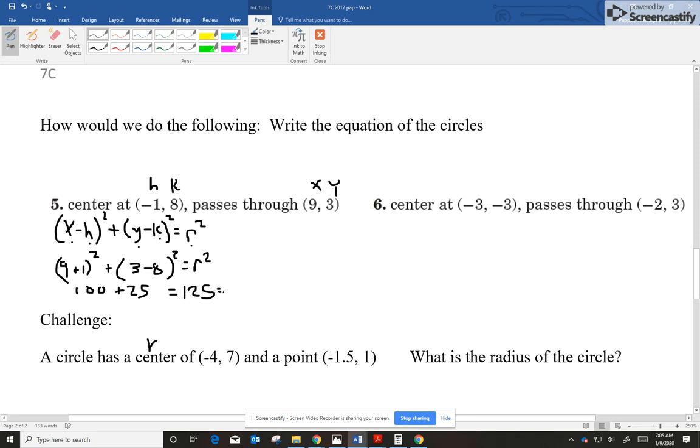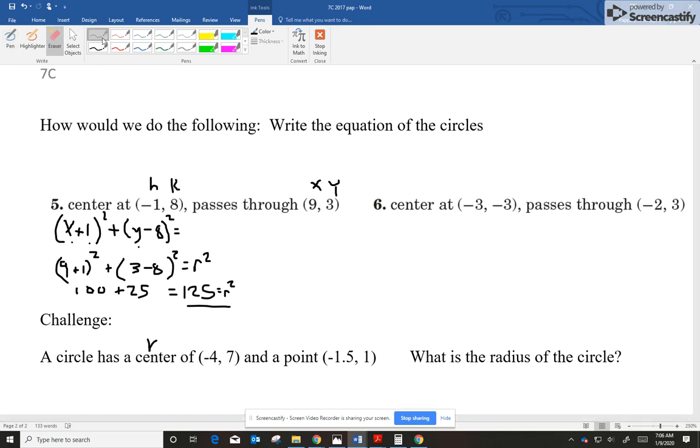Now we don't even need to find our r, because all we're trying to do is write the equation of a circle. So once we have our r squared, we're good to go. Now we can go back into our original equation. So now we have x minus h, which is x minus -1, y minus k, which is really y minus 8, because that's a k value.